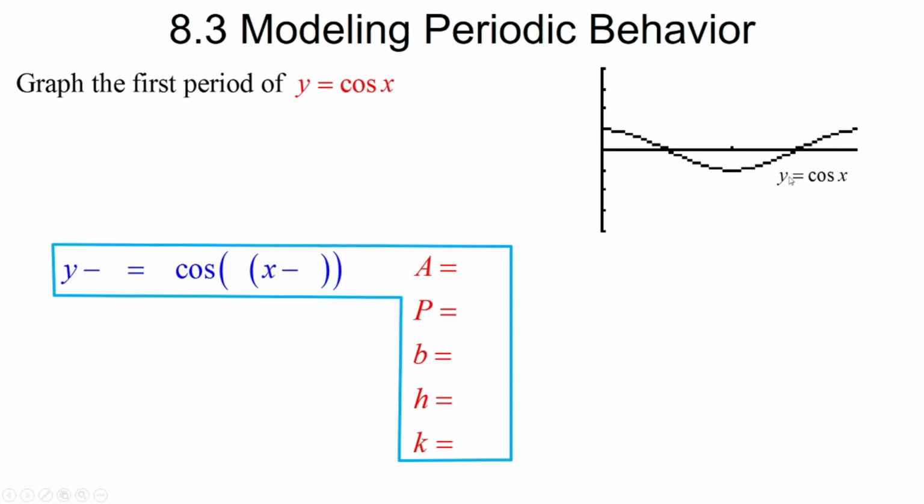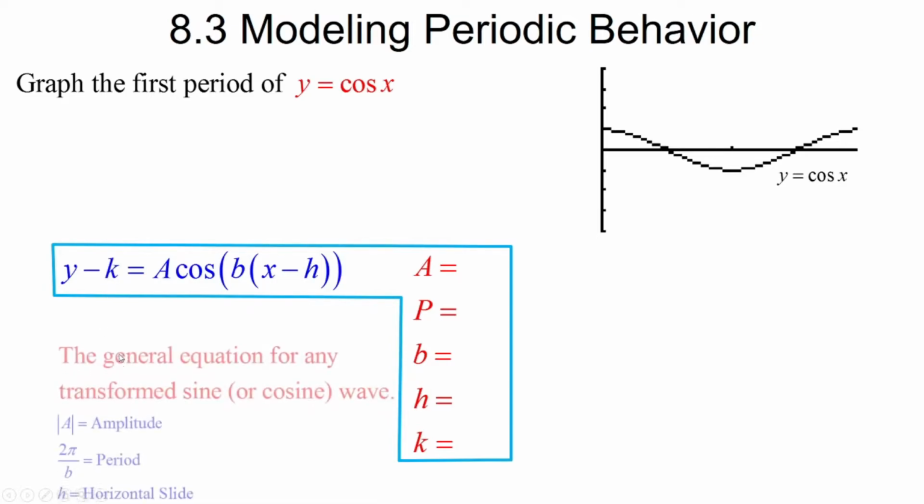If I'm going to take y equals cosine of x and apply some transformations, I need an a, I need a b, I need an h, and I need a k. And let's remember what all of those represent.